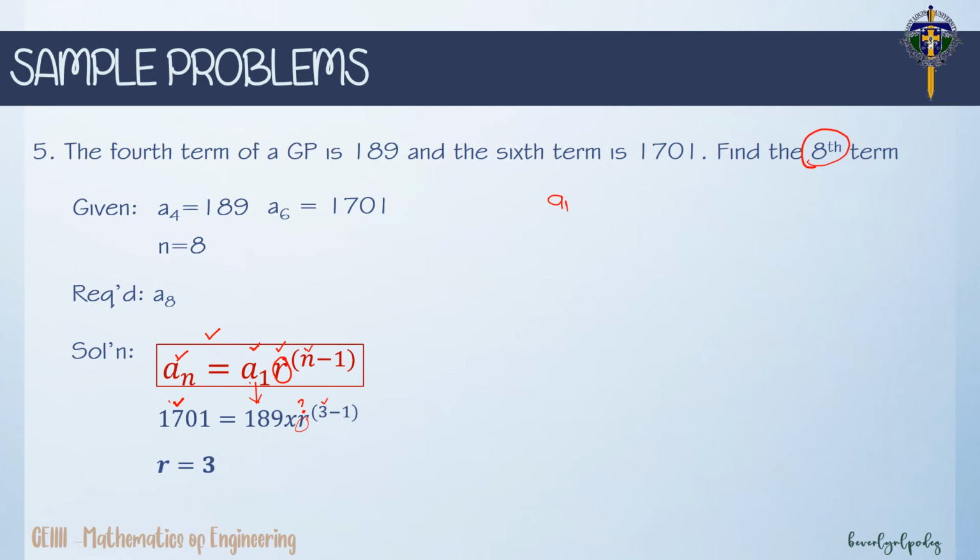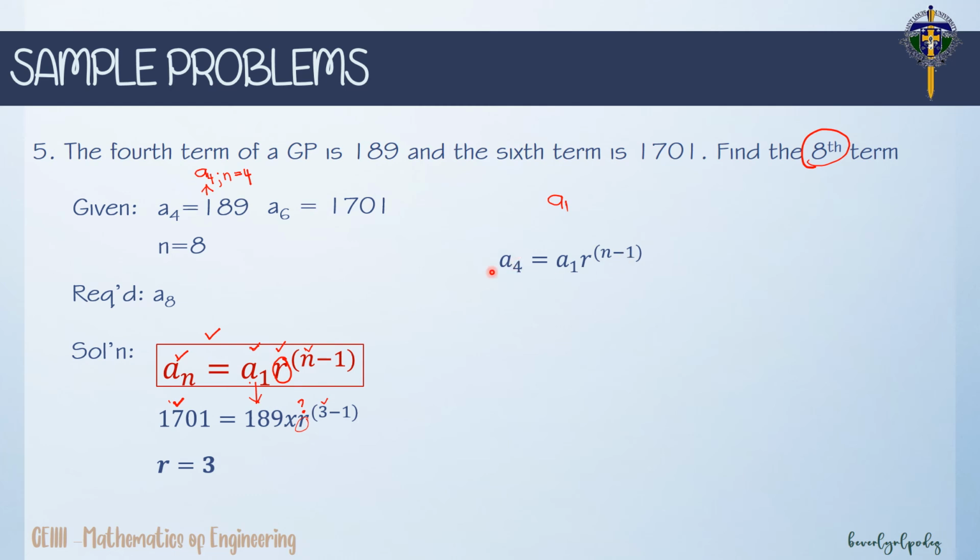So to solve for the first term, we now consider our a4, or the fourth term, to be the last term, meaning our n is equal to 4. So using the same equation, a4 is equal to a1 multiplied by the ratio raised to n minus 1.